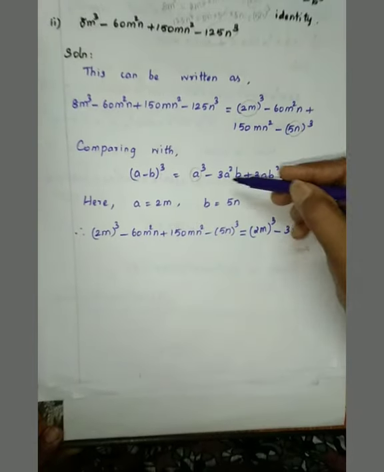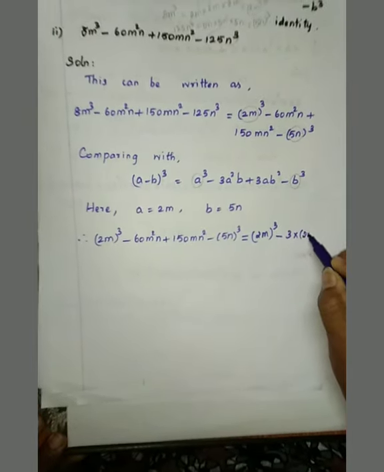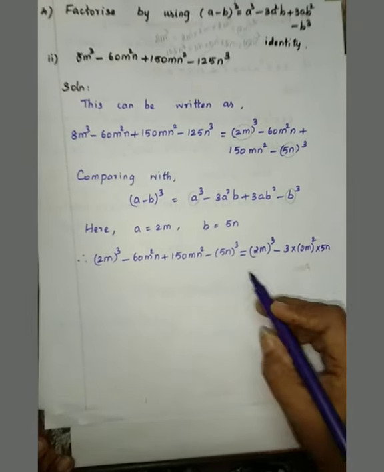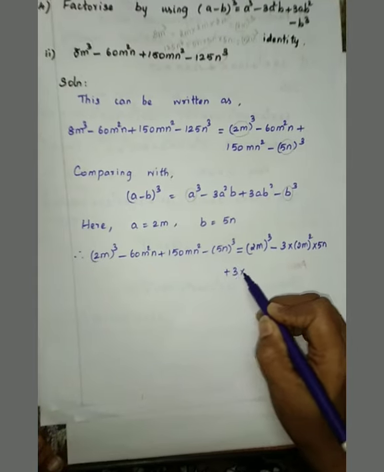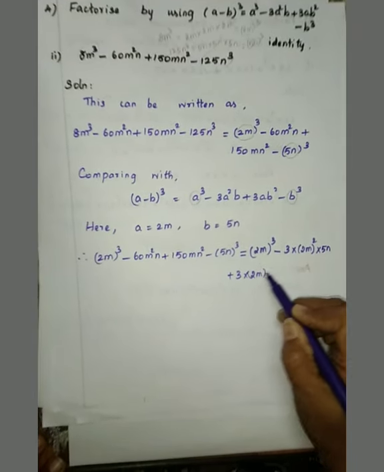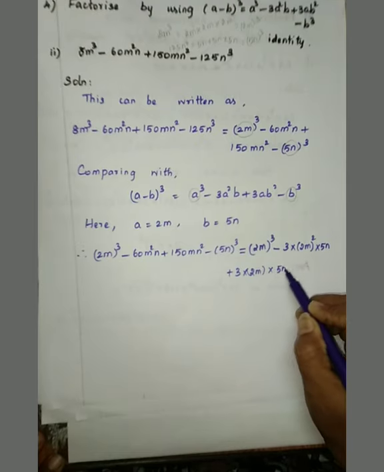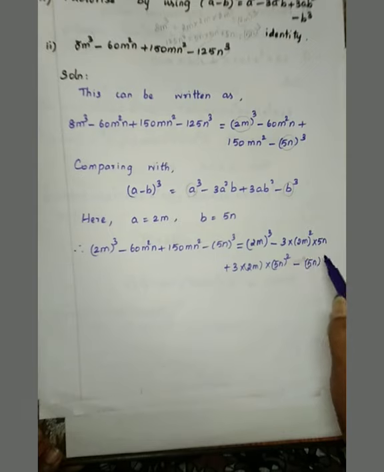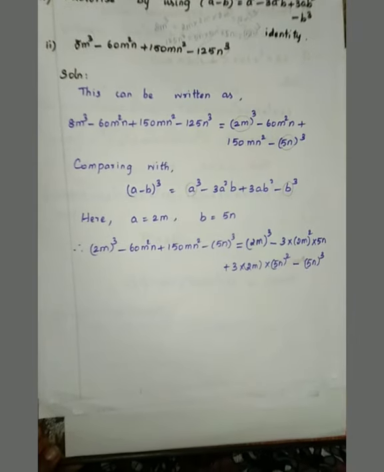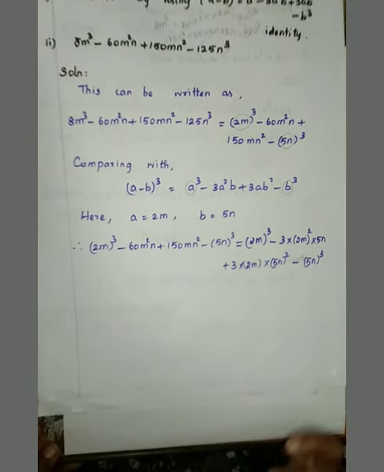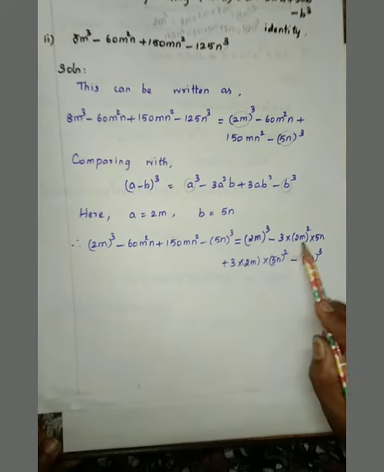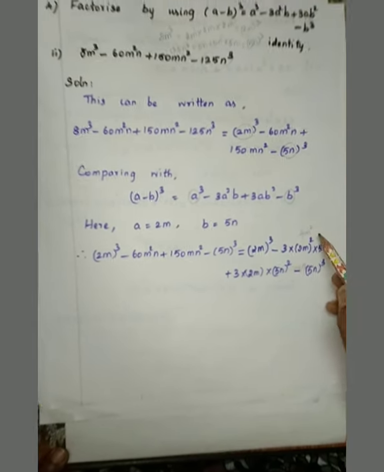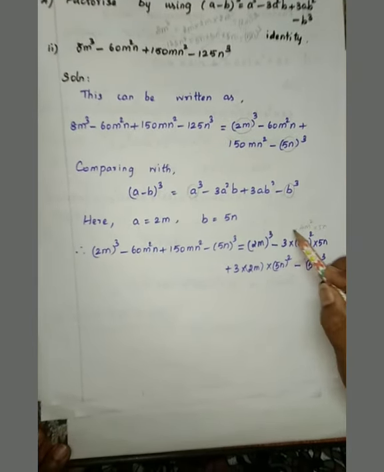A is 2m. So a square, (2m) the whole square, and b is 5n. Then plus 3 into a is 2m and b is 5n the whole square minus (5n) the whole cube. Now you can check (2m) the whole cube is 8m cube, you know already. So here (2m) the whole square, that is 4m square, into 5n into 3, isn't it?